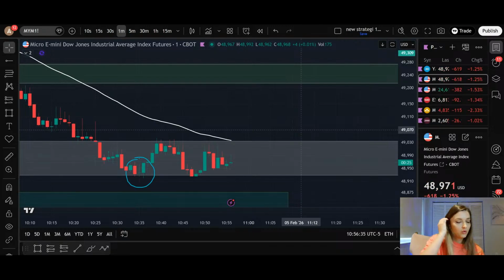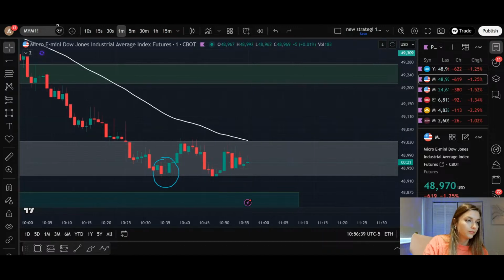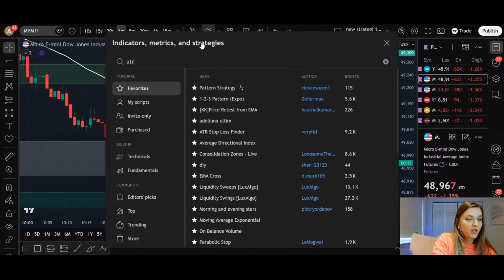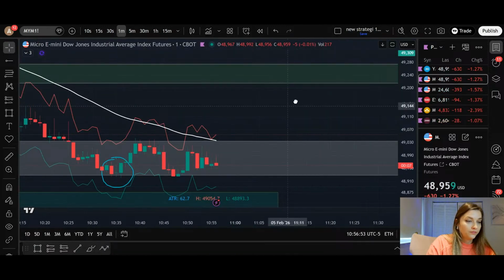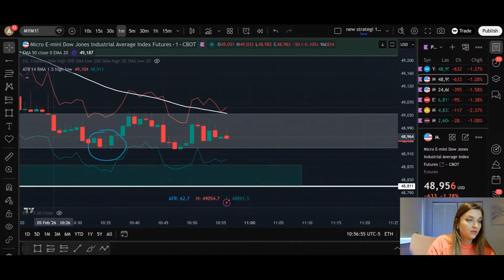Okay, let me show you an indicator that can help you with the stop loss that I usually use. Go to the indicators and put ATR stop loss finder here, but this is a very short stop loss for me.